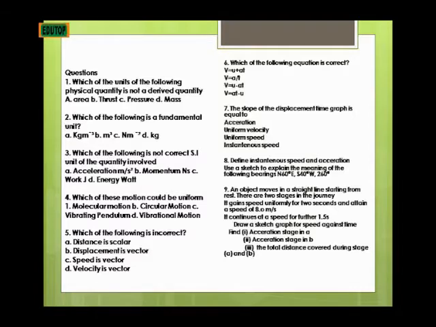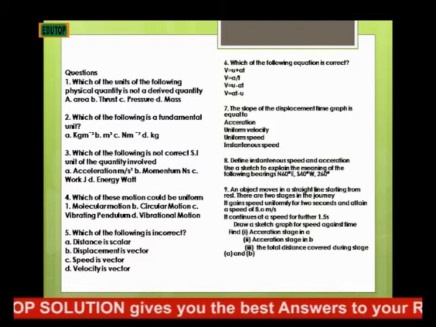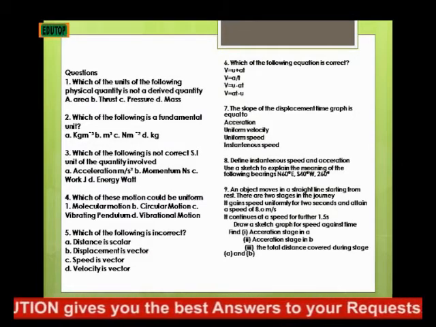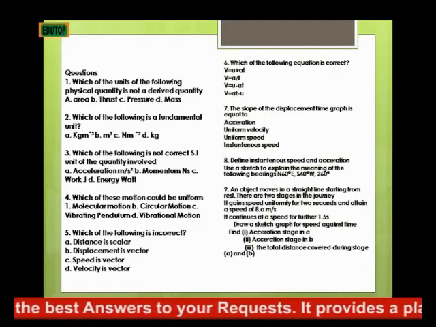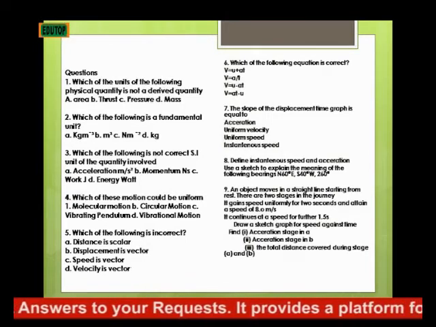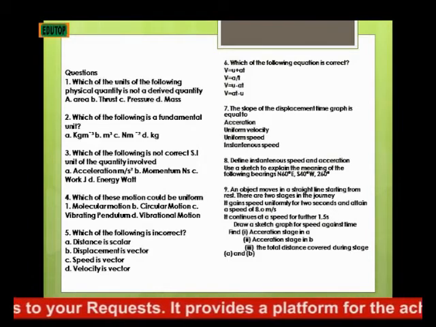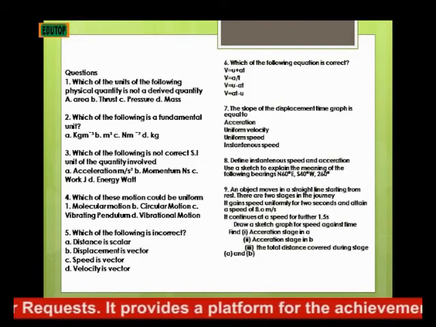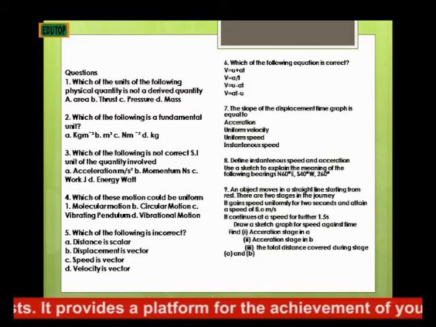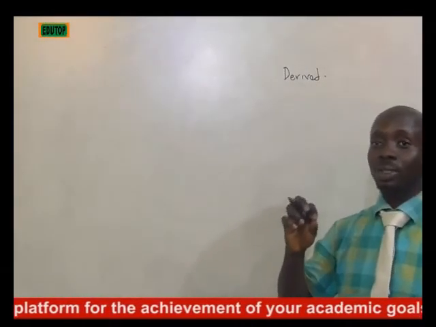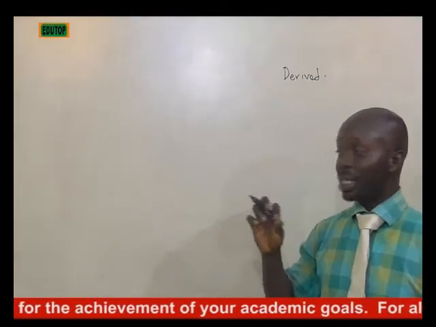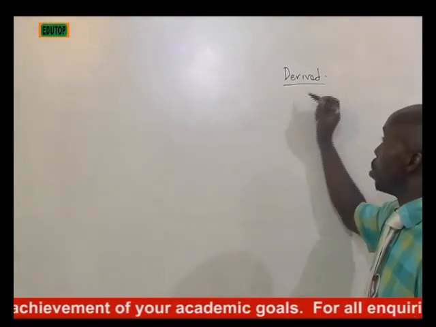Now, as regards the questions, number one says, which of the following physical quantities is not a derived quantity? Remember, we dealt with the difference between fundamental and derived. So we are going to solve that question now, because for every question you need to solve, you have to understand the actual basis, the point where the question is coming from.